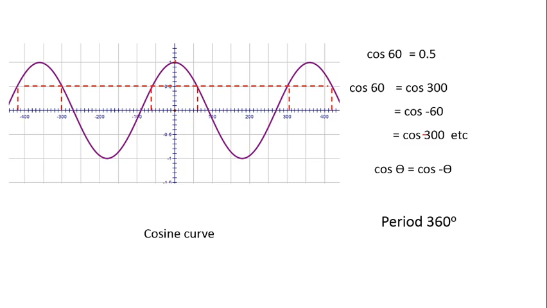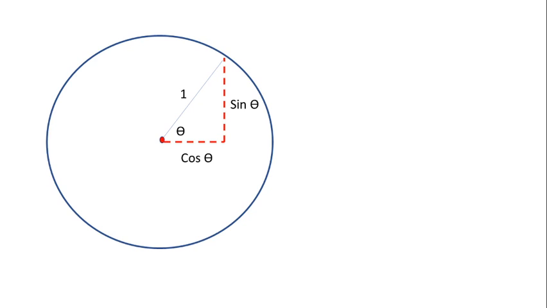Okay, so we look at tangent. So the tangent, if I extend my line out, the tangent of the circle is that. And what we're looking for is this distance here. Now, this distance here, as we start here, is 0. And as we go up and up, when we get to 45 degrees, because this is a right angle, because it's the tangent of a circle, this angle is 45 degrees.